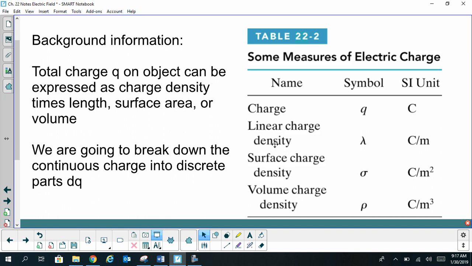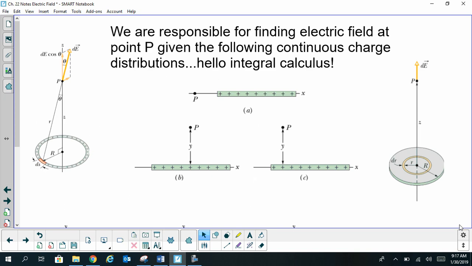A linear charge density, which is what we are going to use for that arc of charge, because that's like a line of charge, we have our lambda here, that's our symbol for it, and that's coulombs per meter. Then we also have a surface charge density. So if you think back to that disk that we were looking at, this disk here, this would have a surface charge density.